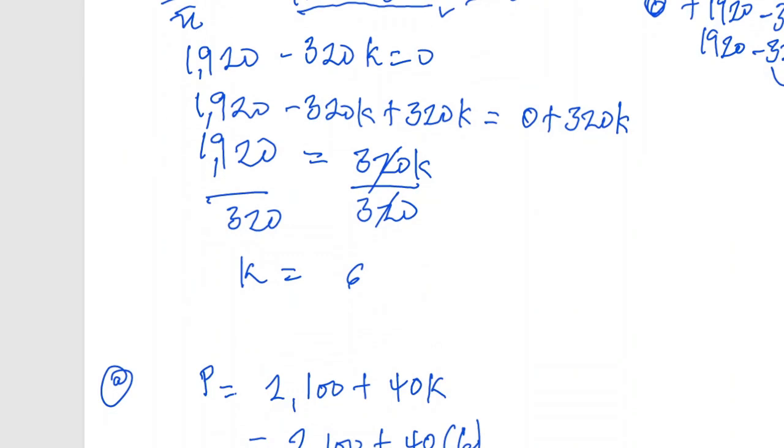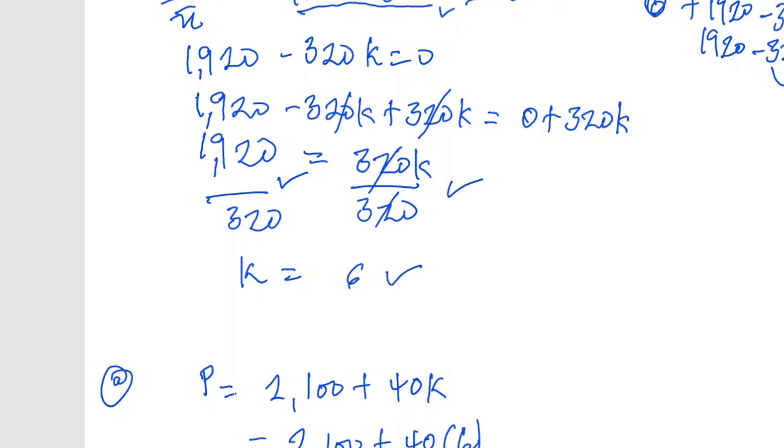This 320K will cancel out this 320K because you have negative plus positive of the same amount. It will be 0. So you now have 1920 is equal to 320K. We want K, so we divide both sides by 320. Doing that, your K will now be 6.